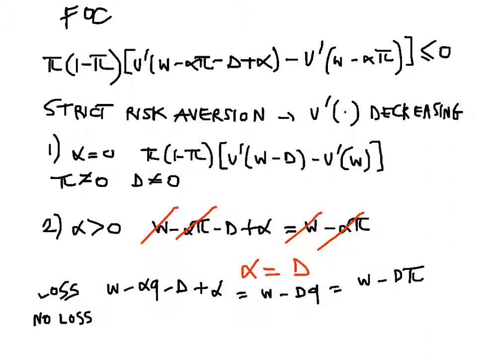And if there is no loss, this is the resulting wealth, which is equal to w minus dq, since alpha is equal to d, and since q is equal to pi, we also get w minus d pi, which means that in both situations, we end up with the same amount of resulting wealth by insuring fully, right? It doesn't matter if there's a loss or if there's no loss. We'll end up with the exact same wealth amount.